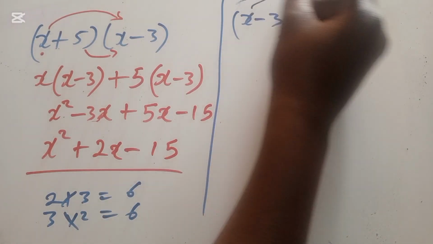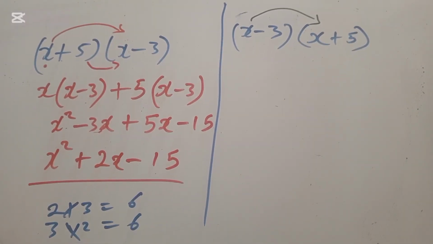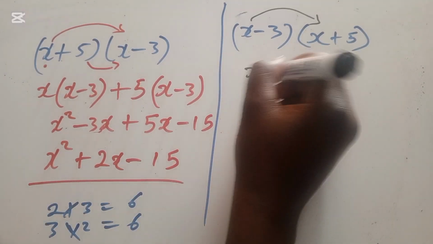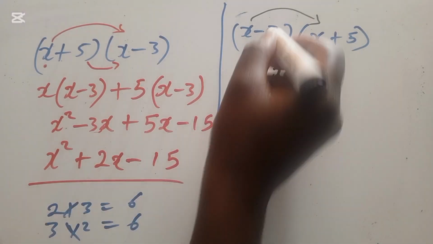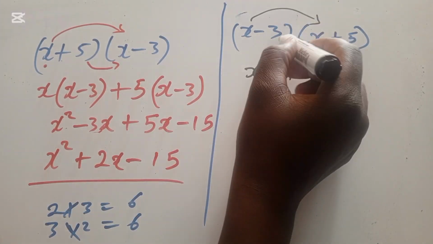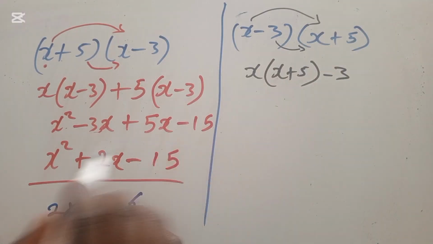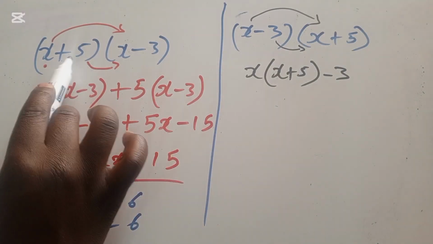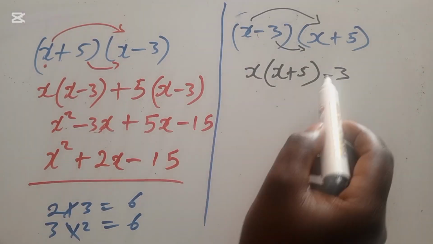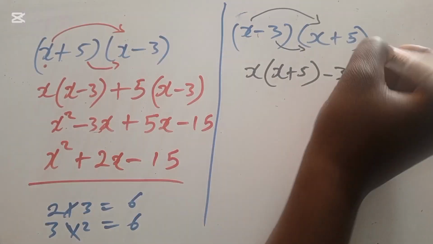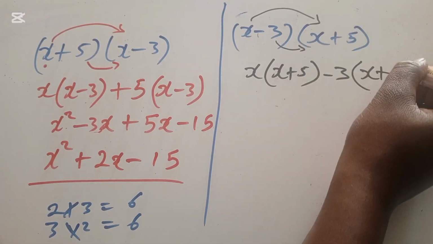So you take x, multiply with all that, x times all that. So you have x in brackets, x plus 5. Then minus 3. Here this was addition, so plus 5 came here. So in this case, you have minus 3 in brackets, 3 times all this, x plus 5.